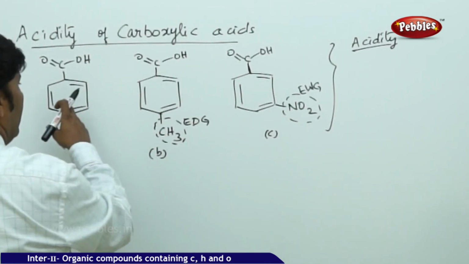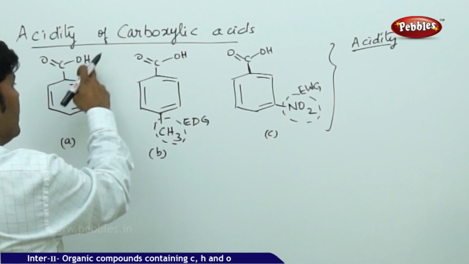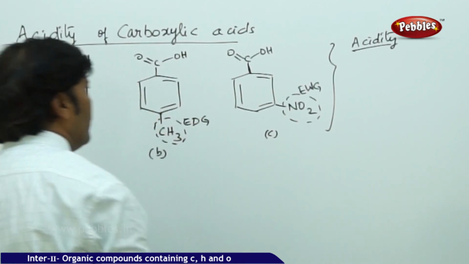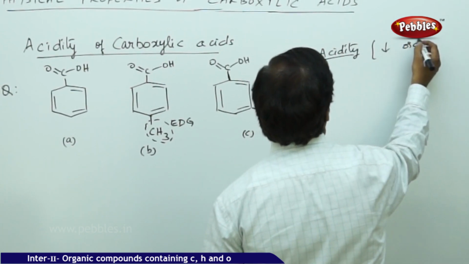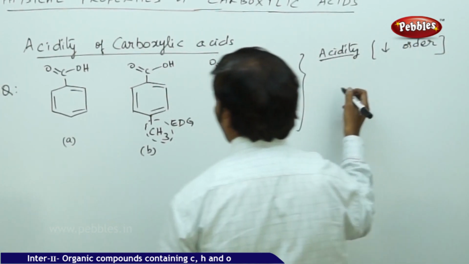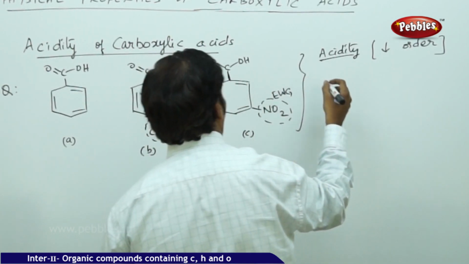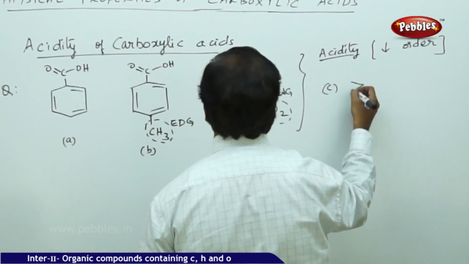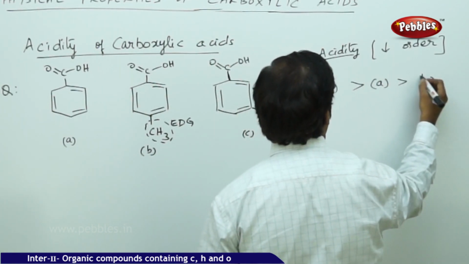Comparing A and B, in A the release of proton becomes easier than in B. So overall, in decreasing order of acidity, first it is C, the electron withdrawing group, next A, and next B.